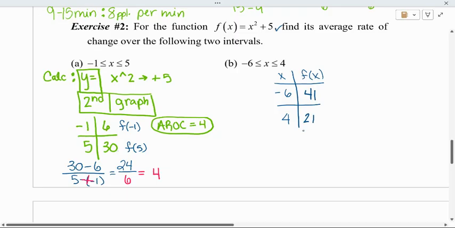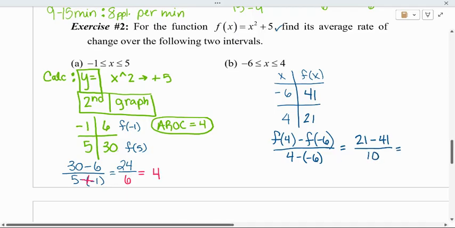21. Okay. So f of 4 minus f of -6 over 4 minus -6. I'm just writing this one out. So f of 4, we said was 21, minus f of -6, which is 41. And 4 minus a -6 becomes 4 plus 6, which is 10.